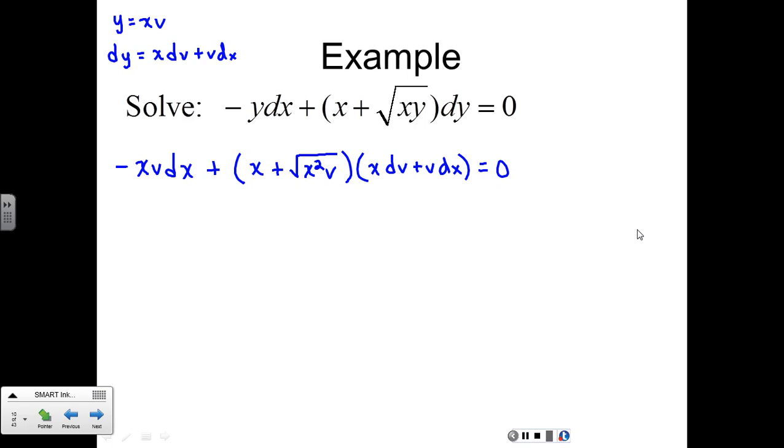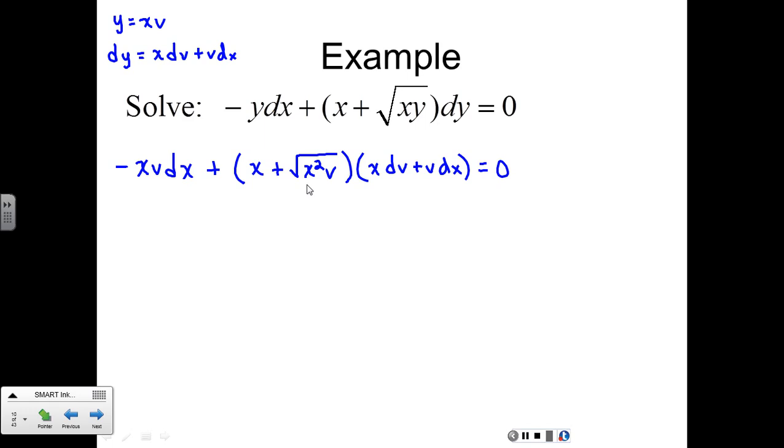Okay, before I start multiplying anything out, does anybody see anything I can do algebraically? We're going to have to FOIL, yes, you're right, but anybody see anything I can simplify before I start doing all that full mess? Could this radical simplify?